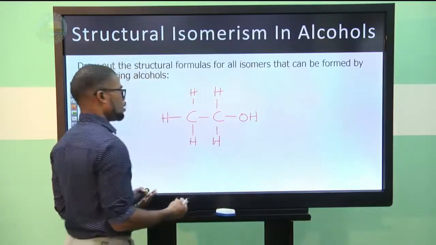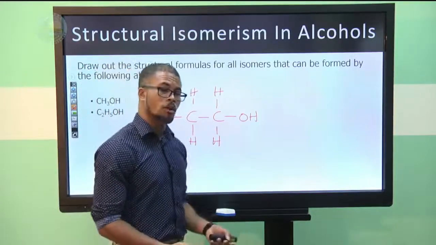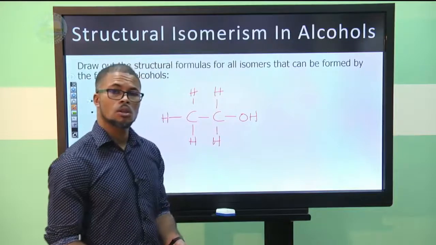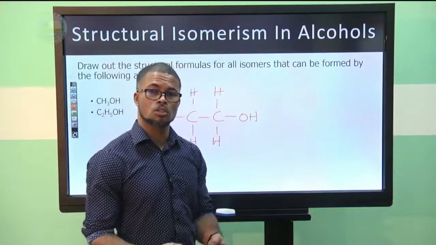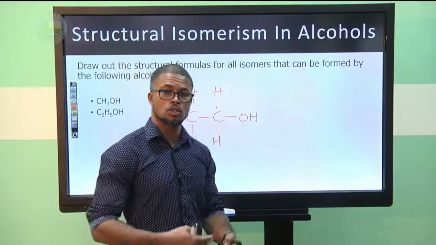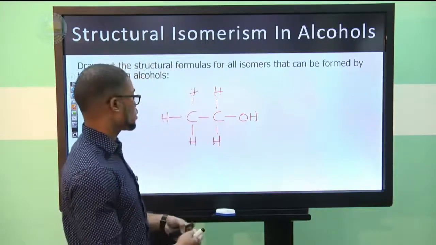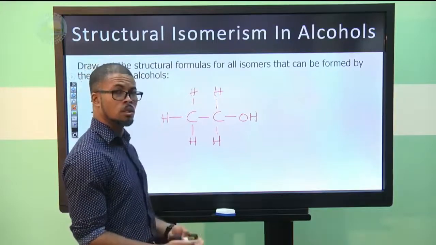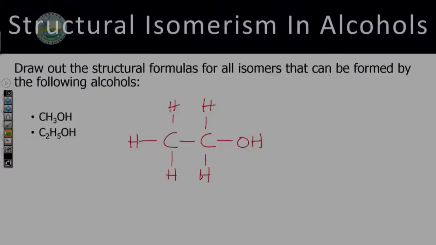No. As you would have learned from the previous videos, when you place a functional group, you need to give the functional group the lowest possible number. So the carbon that the functional group is on is always going to be carbon number 1. In this case, we are not going to find any structural isomers with an alcohol that contains 2 carbons.